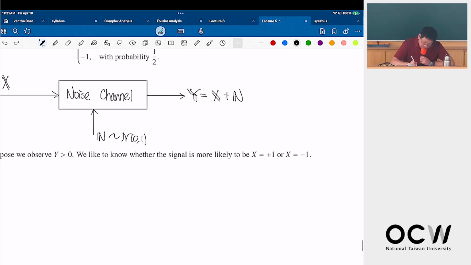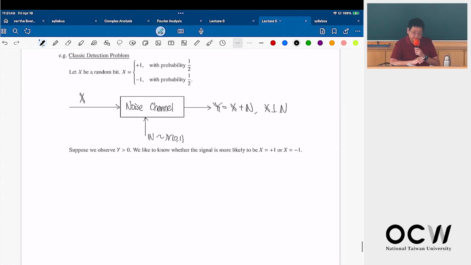And we know that x and n are independent. So suppose we observe y is greater than 0. Then we would like to know whether the signal is more likely to be +1 or -1. Because when I send 1 or even -1, this overall y could be greater than 0. But I want to know which one is more likely to be sent.